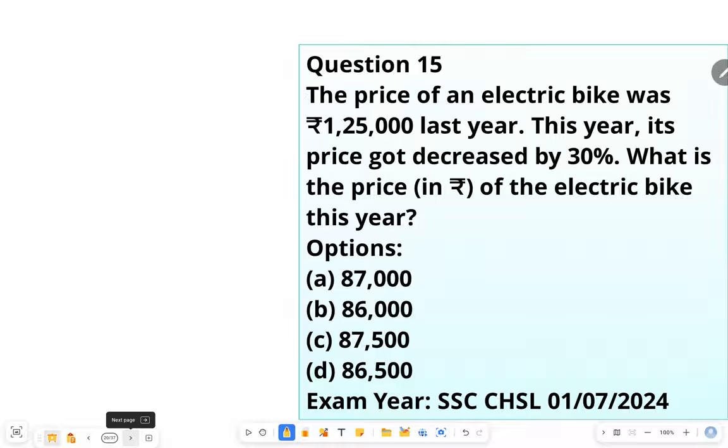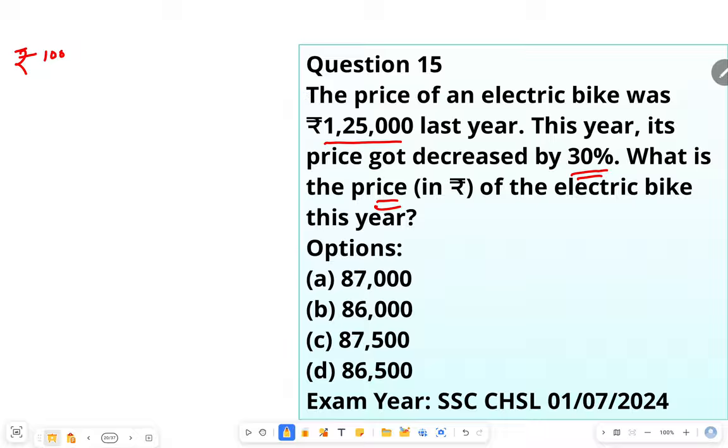The price of an electric bike was this last year. The price got decreased by 30%, and then the price of the electric bike will be how much this year. For example, if you have 100 rupees, and I tell you that you got an increment, or your money has increased by 30%, how much will it be?